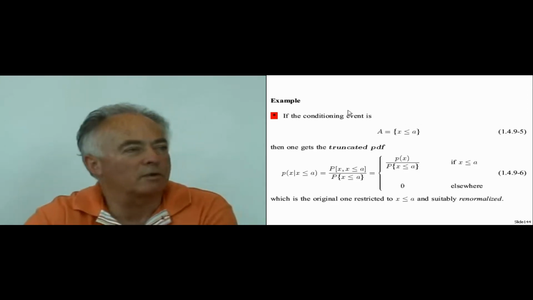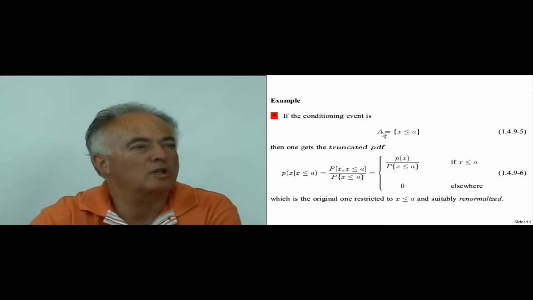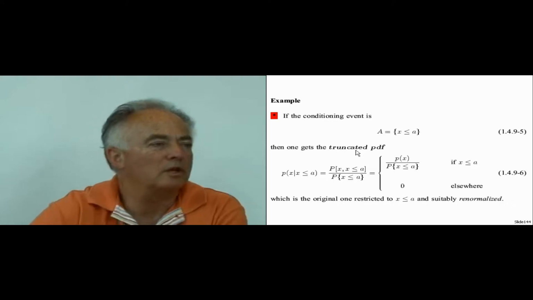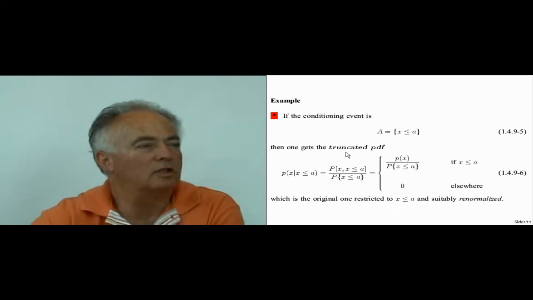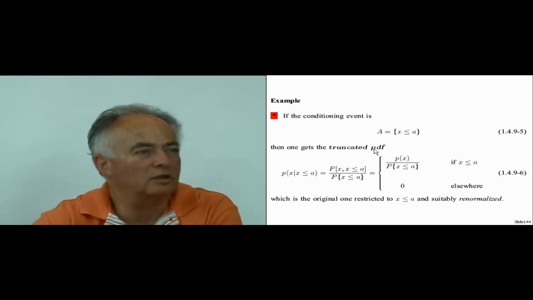Let's take an example. Consider the conditioning event A as the event that x is less or equal to the number lowercase a. What we get with this, as you will see, is a truncated density, truncated PDF.